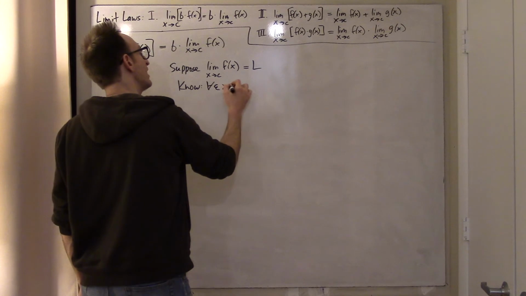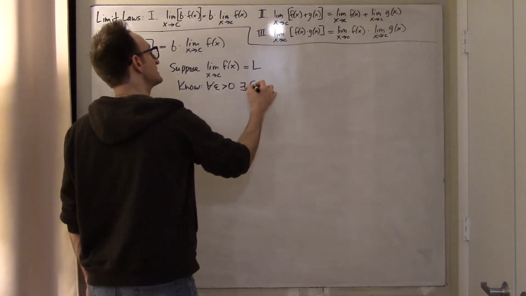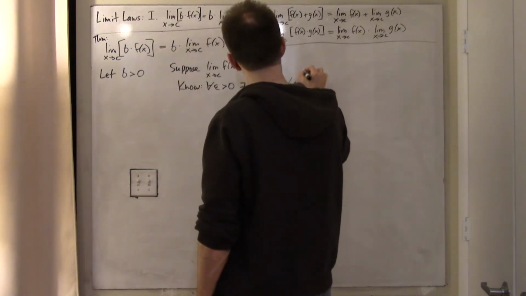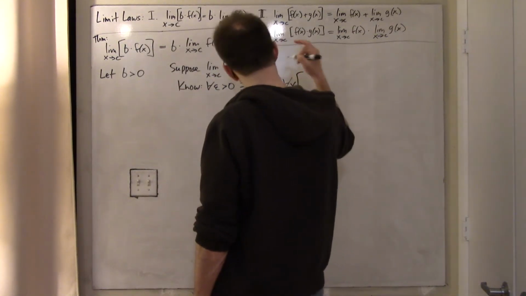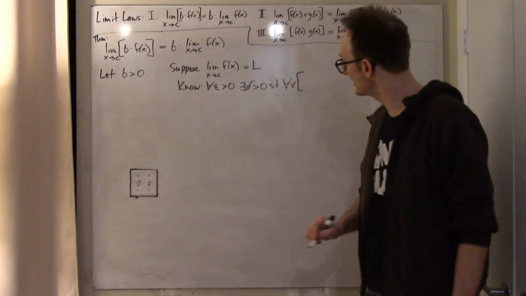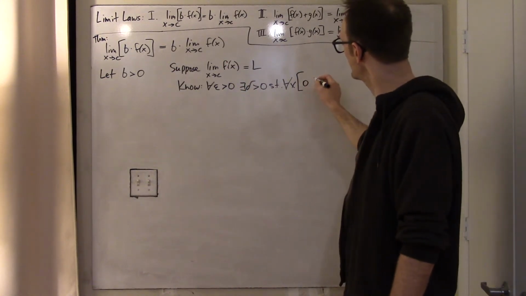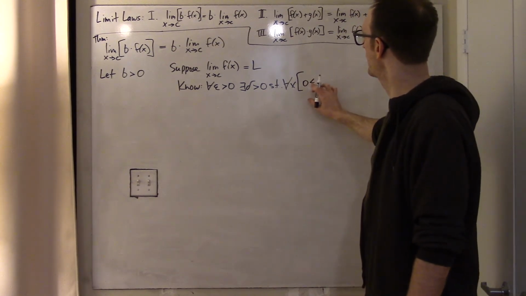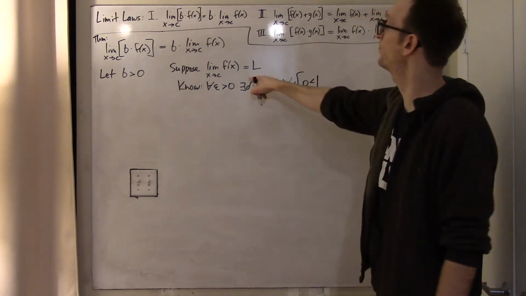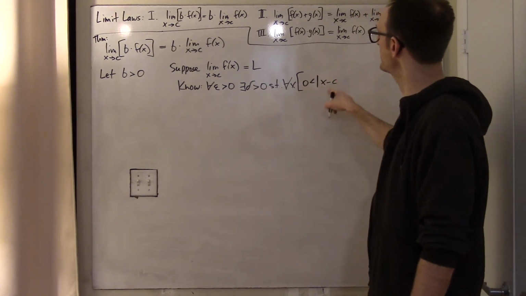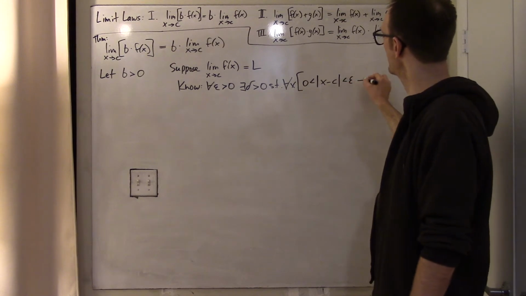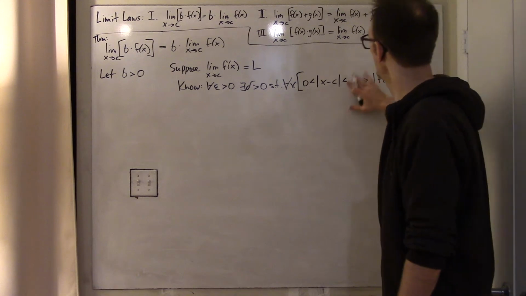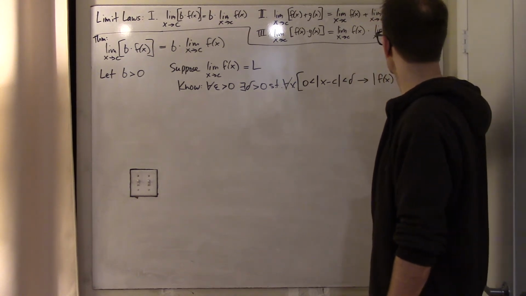That means that for all epsilon greater than 0, there exists a delta greater than 0 such that for all x, and here I think it's maybe more convenient to use the more succinct absolute value version of the definition, if I'm not too far away from C, so if the difference between me and C is less than delta, then the difference between my function and L is less than epsilon.